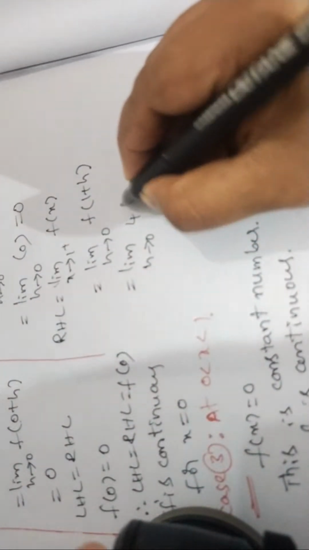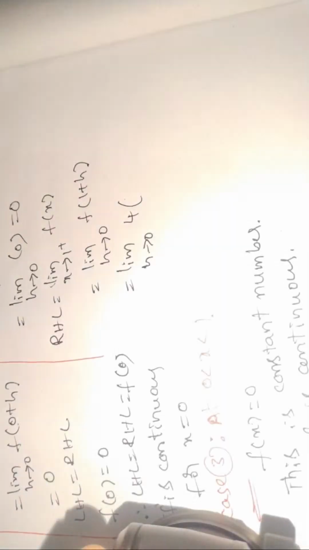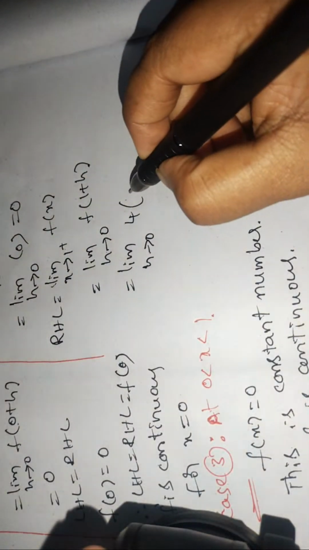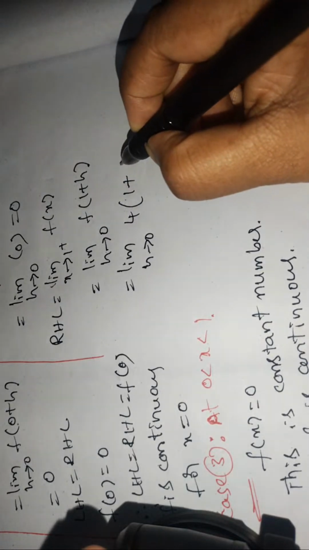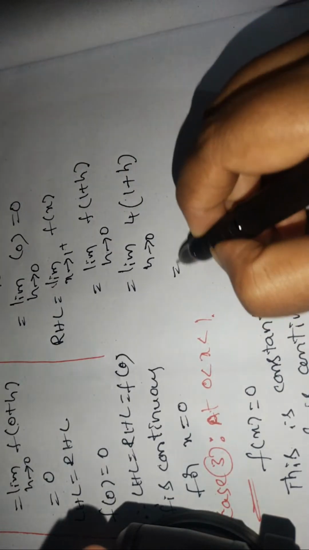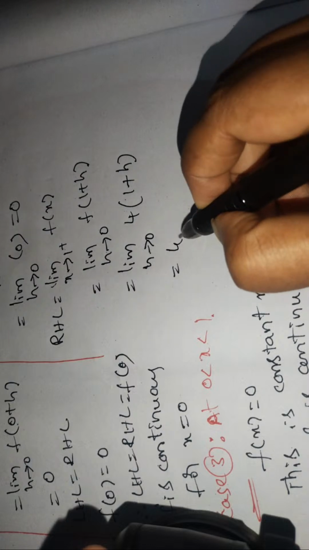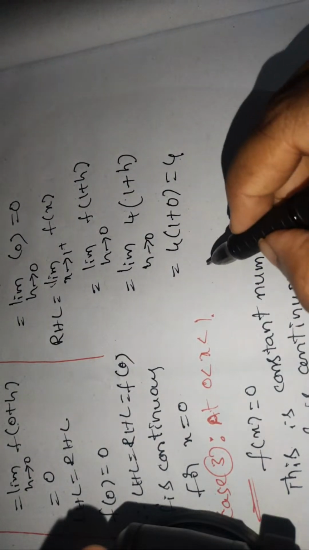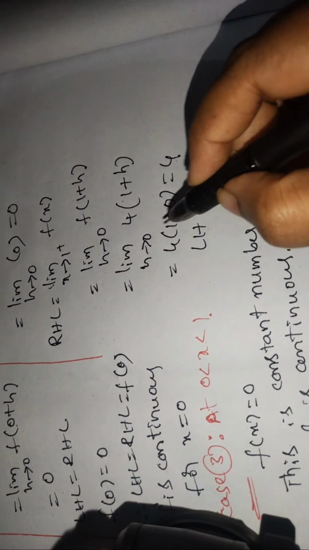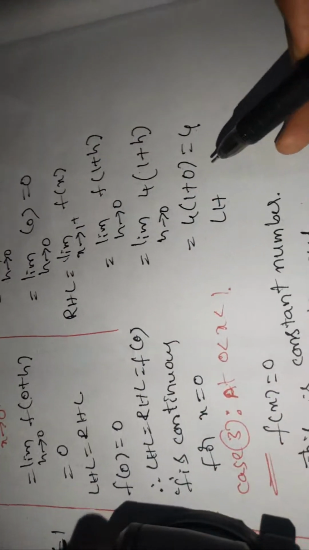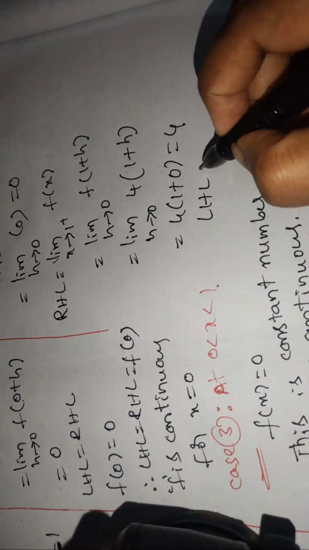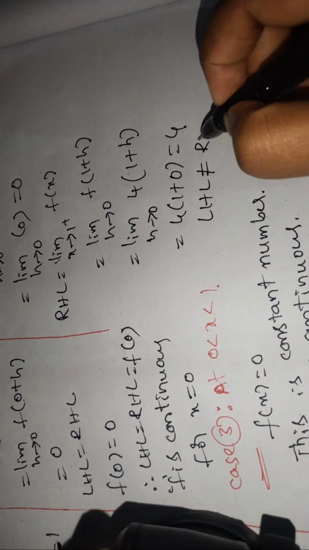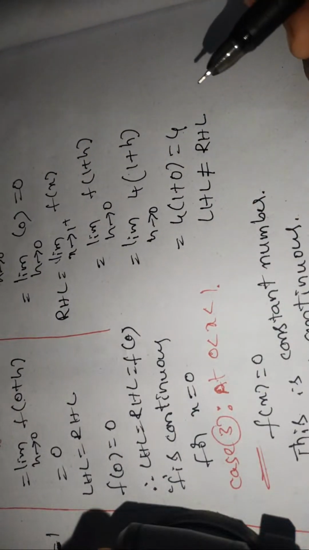So write here 4x, where x is 1 plus h. Now write the h value in this function: 1 plus 0, this value is 4. LHL I got 0 and RHL I got 4. Both are not equal. LHL is not equal to RHL.